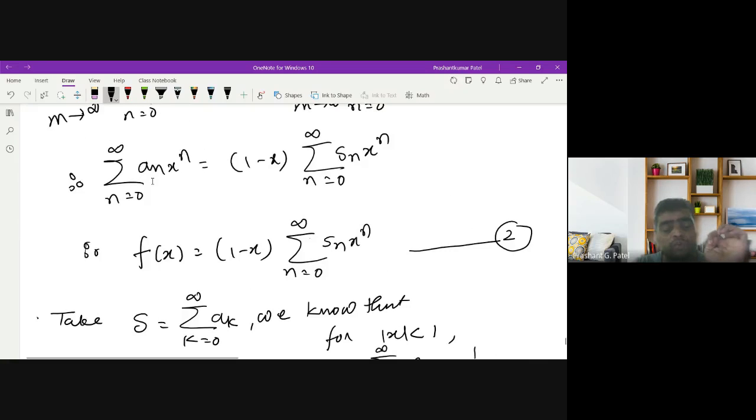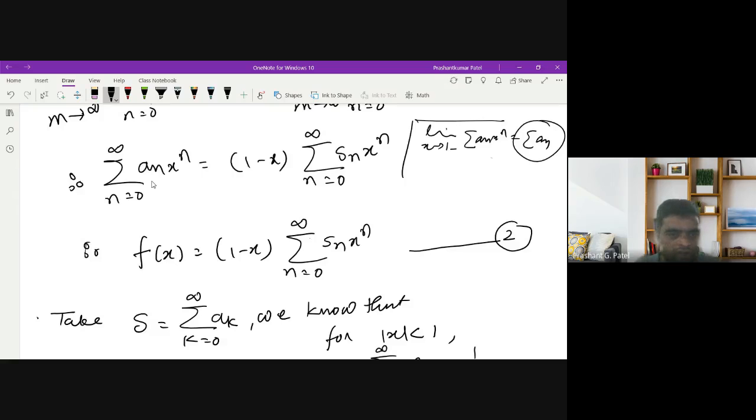That is our goal: the limit as x tends to 1 from below of the summation of an x raised to n is the summation of an, which I have taken as S. So ultimately I need to find the limit of f(x) as x tends to 1.